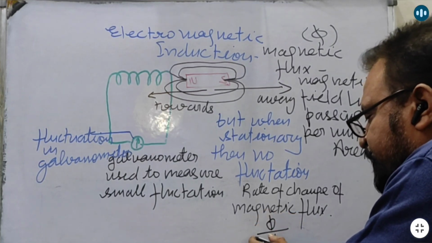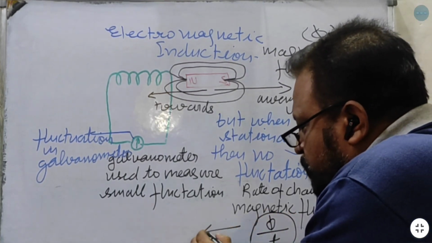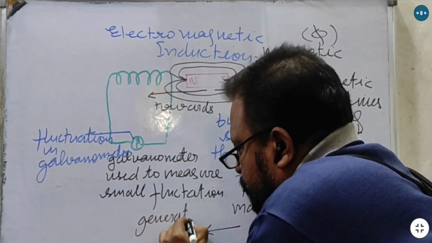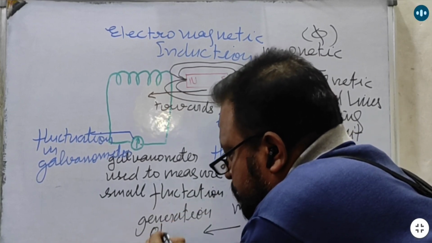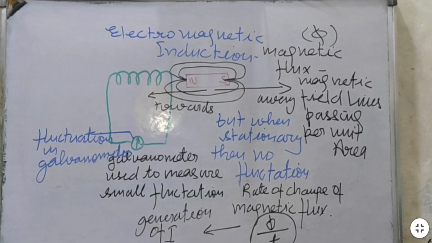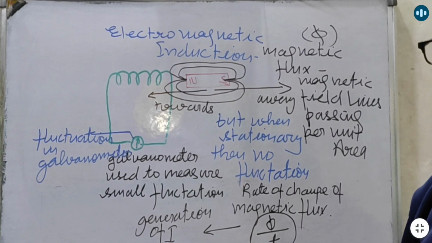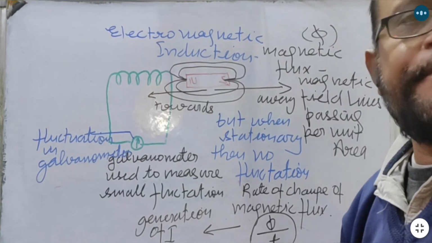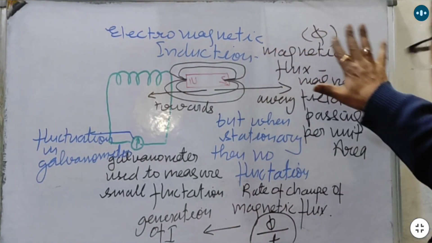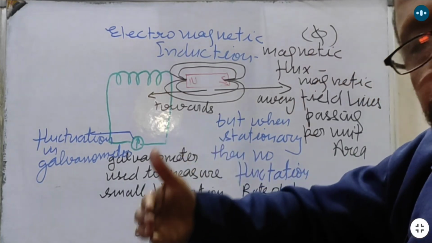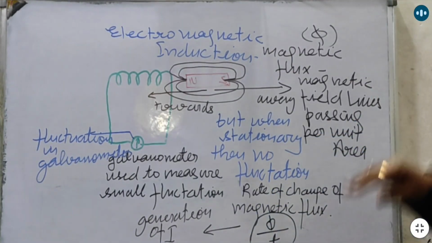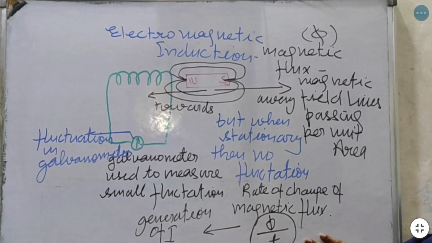This phi by t is responsible for generation of induced EMF. Magnetic flux is the number of magnetic field lines passing per unit area, and when we attach it with time, then the number of magnetic field lines passing per unit area per second is known as rate of change of magnetic flux.